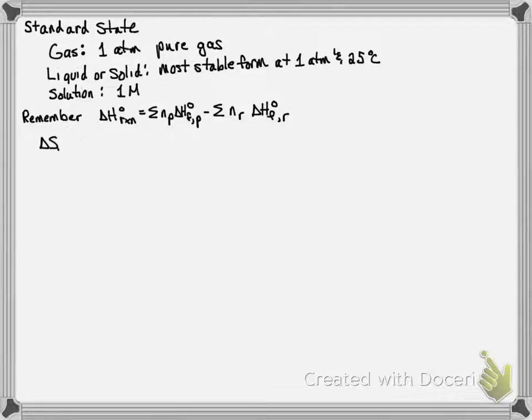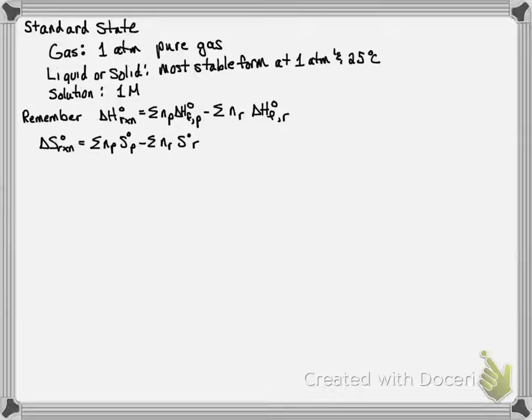We can do the same thing for entropy. The entropy change associated with a reaction under standard conditions, that's what the little circle is for, is the sum of the entropy of the products times any coefficient for number of moles, minus the sum of the entropy of the reactants times the coefficients for number of moles.